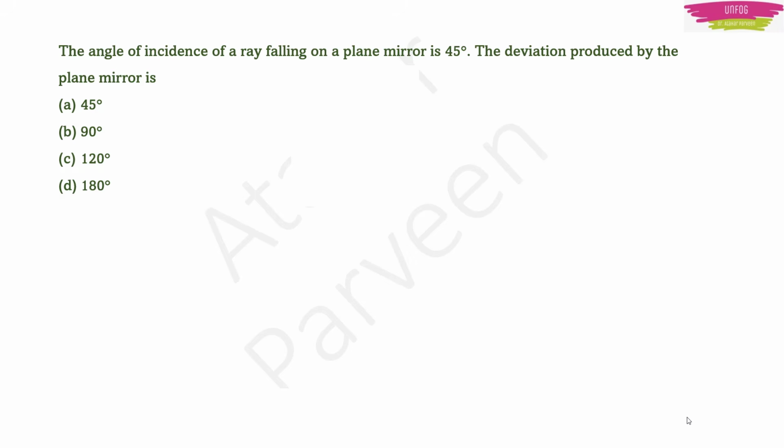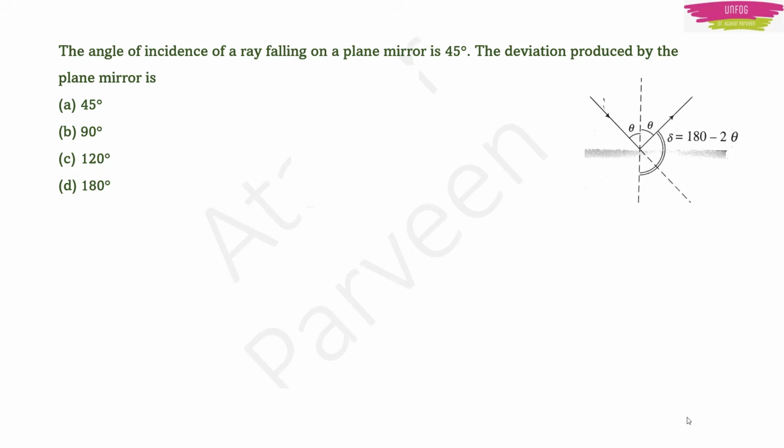Now based on angle of incidence, this type of question can be asked. The angle of incidence of a ray falling on a plane mirror is 45 degree. The deviation produced by the plane mirror is, see here, theta. The theta is given as 45 degree. We know that the angle of deviation is equal to 180 minus 2 theta, isn't it? Here the angle of incidence is given, that means theta is given, which is equal to 45 degree.